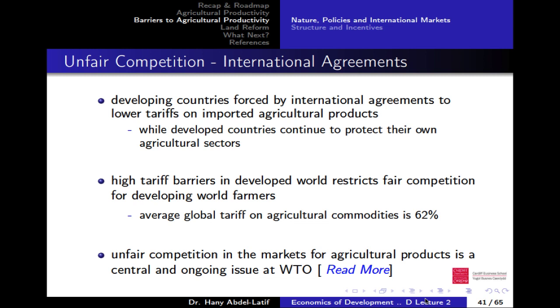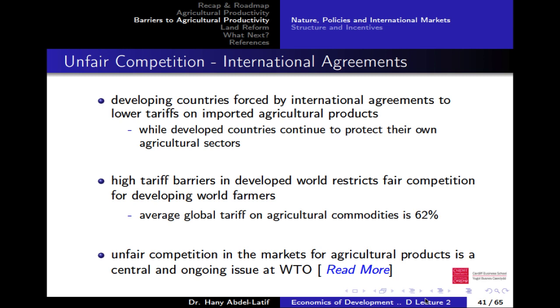Both countries, India and China, presented this to the World Trade Organization. If you want to read more about this, this is from 2018, so it's like a few months ago. So this is a hot issue and it's continuing, so it's not resolved yet.